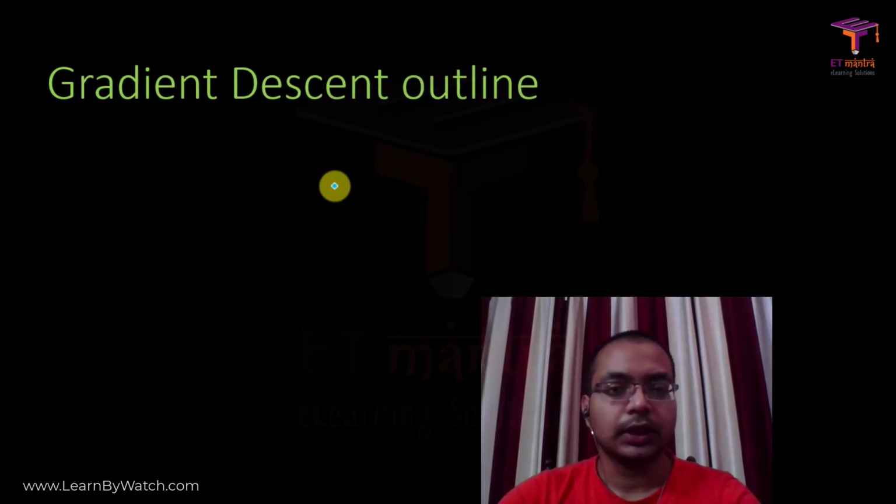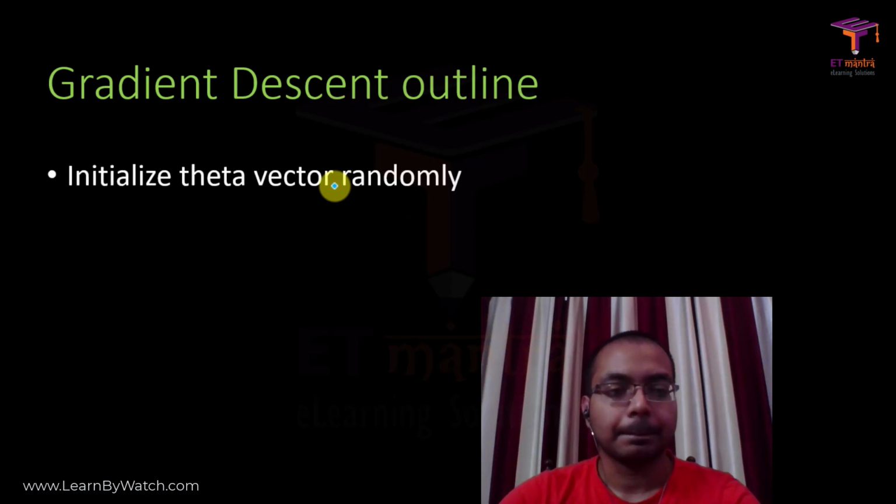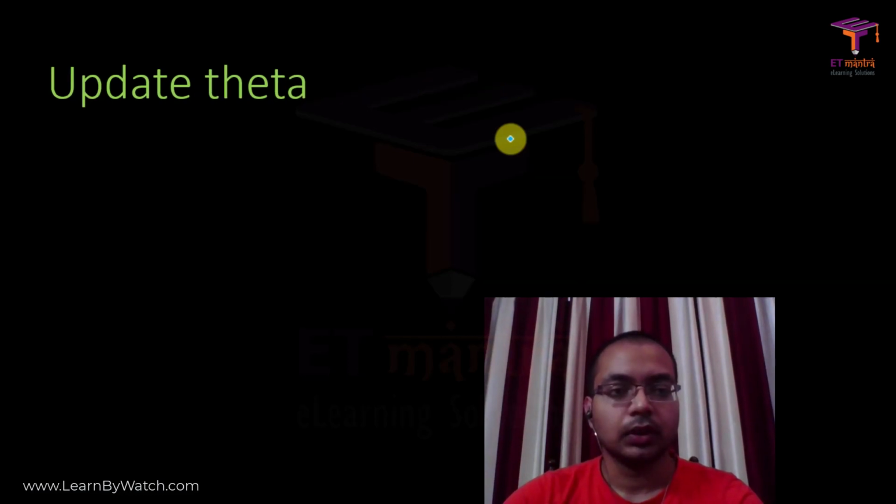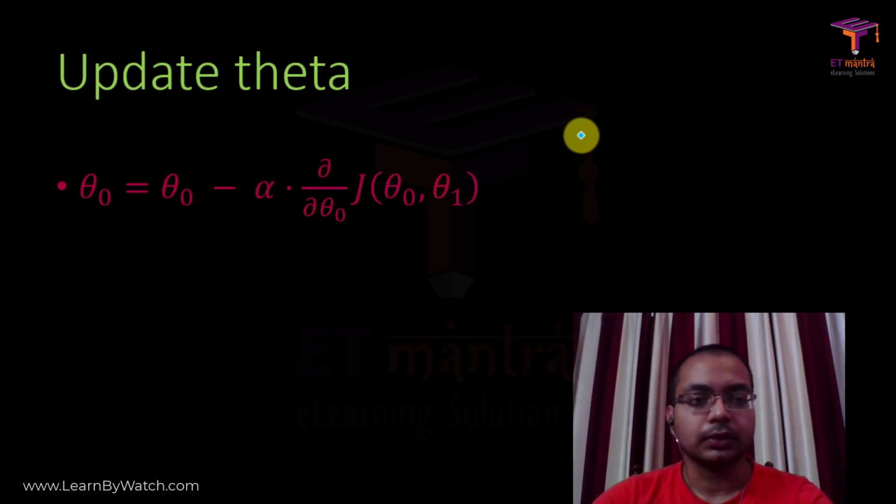Now let us start with the gradient descent. First we initialize the theta vector randomly, and then we keep on updating theta so as to decrease the cost function, which was our original aim. How do we update theta?